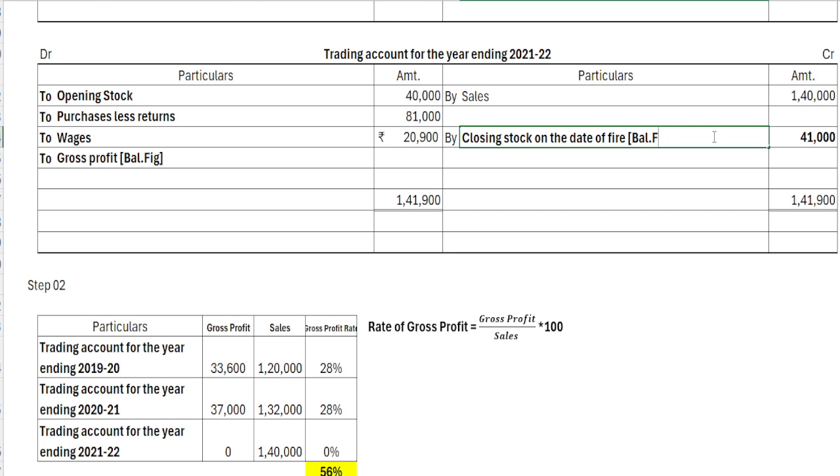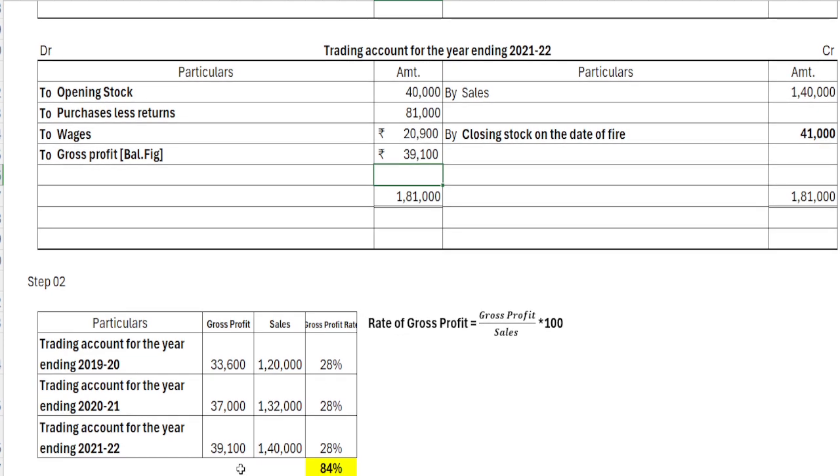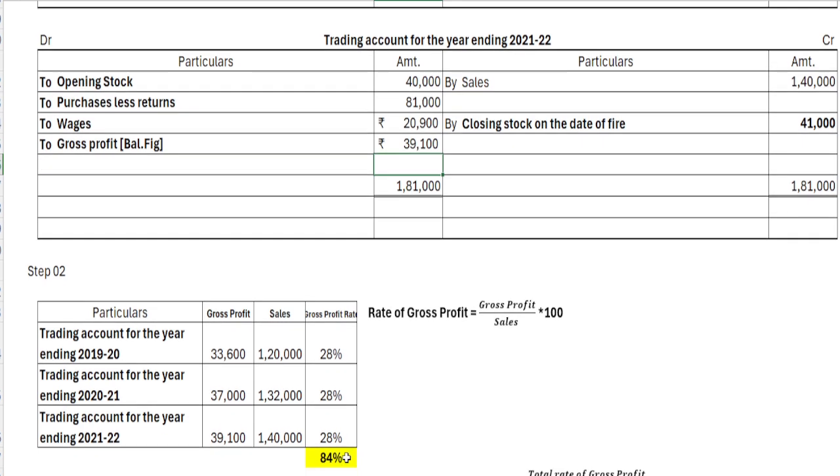This is the given data. Total the credit side, and the balance will be the gross profit: 1,81,000 minus opening stock, purchases and wages. 39,100 is the gross profit, 1,40,000 is the sales, and the gross profit rate is 28%.